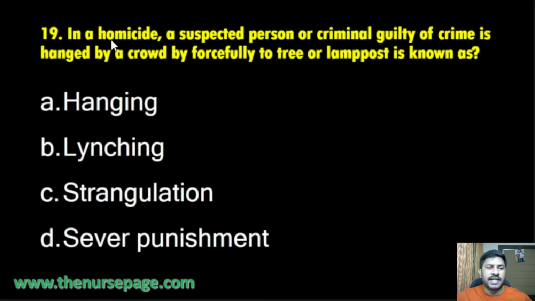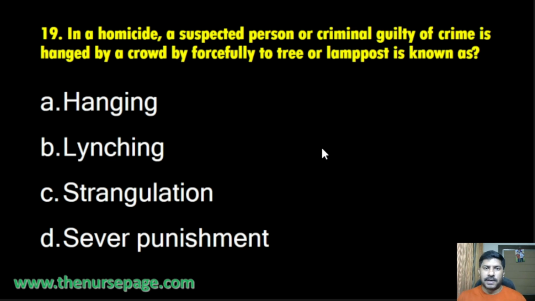And next question, in a homicide, a suspected person or criminal guilty of a crime is hanged by a crowd forcefully to a tree or lamppost, is known as hanging, lynching, strangulation, severe punishment.